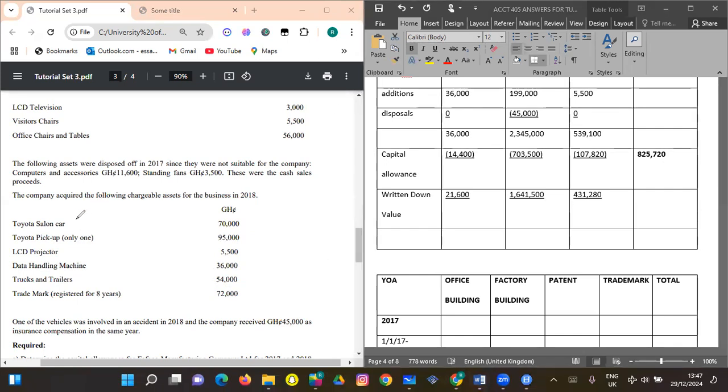So remember, this is pool 2. This should have been a data handling equipment, but at the time of the act, this wasn't there. So this was included in pool 3. Data handling machine was in the pool. You can see it from here.